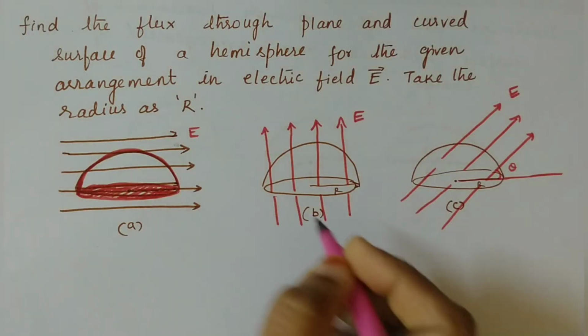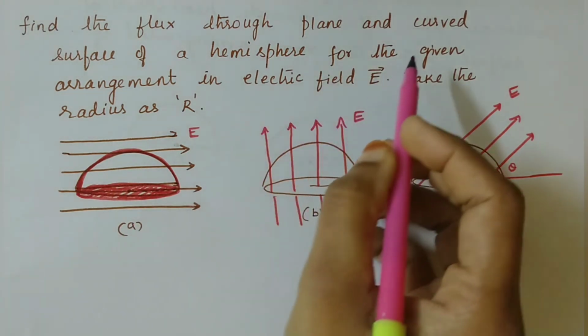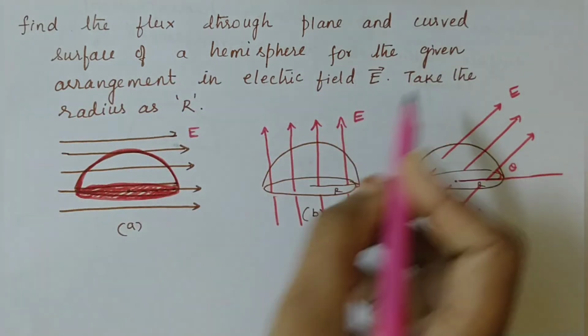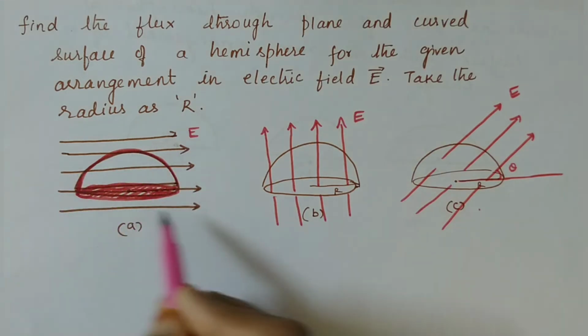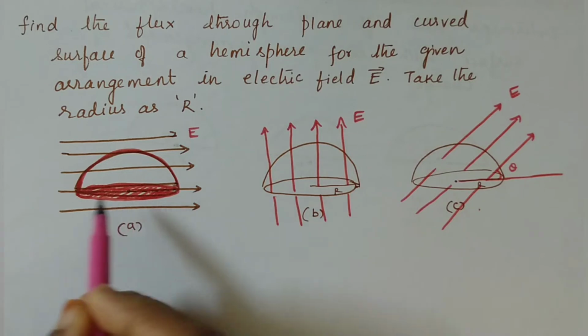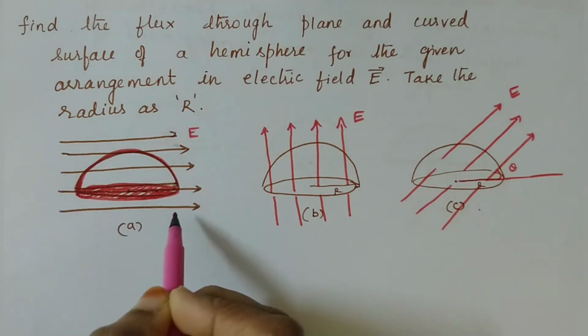So in this question, we are given again 3 hemispherical surfaces. The question is to find out the flux through plane and curved surface of a hemisphere for the given arrangement. So here we have a uniform electric field in all the 3 cases. So let us look at the first one. If you observe this hemisphere, there is no net charge inside the hemisphere.